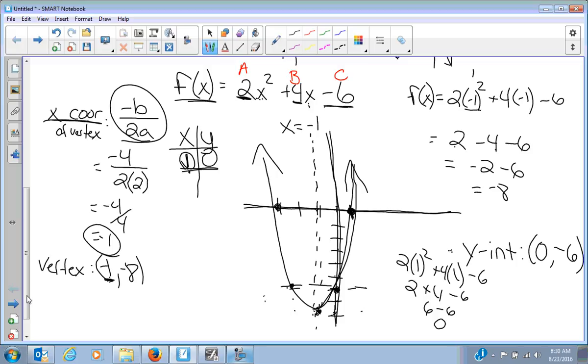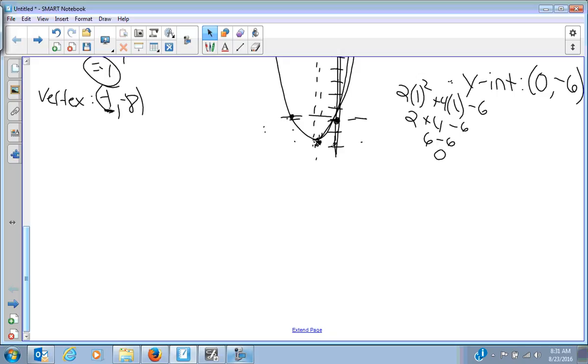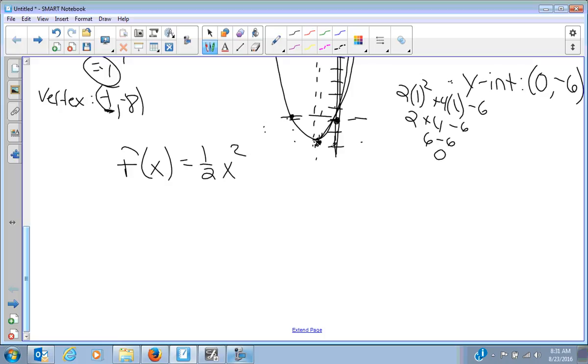Let's say, and we're going to get to them, but let's say I had a problem like this. I do the vertex, I do all that stuff. Okay? And I want to find the next point. And my vertex happens to fall at 1.